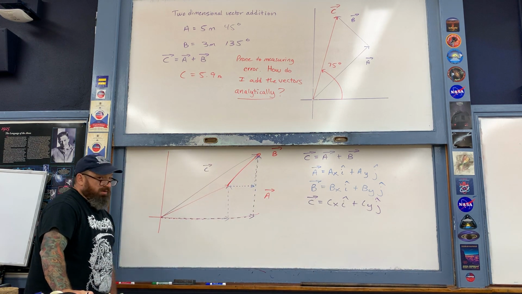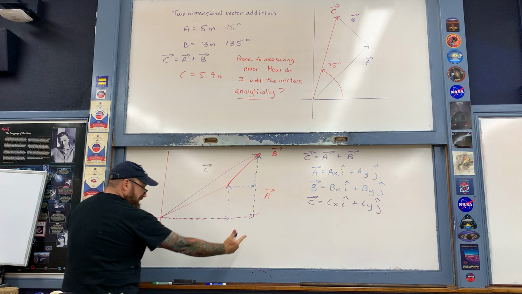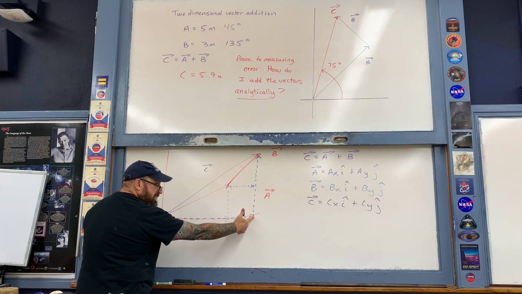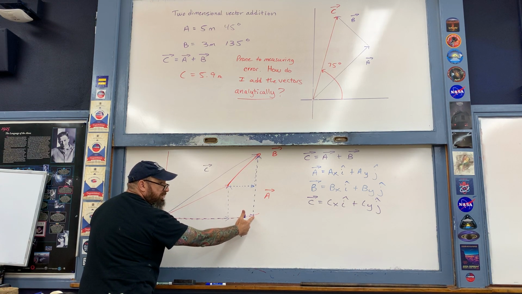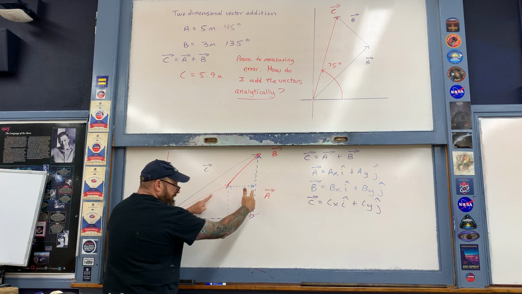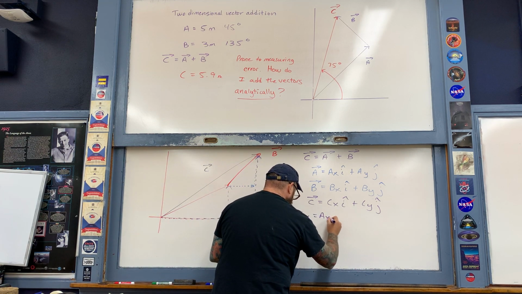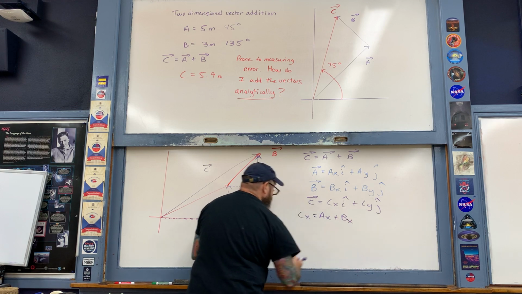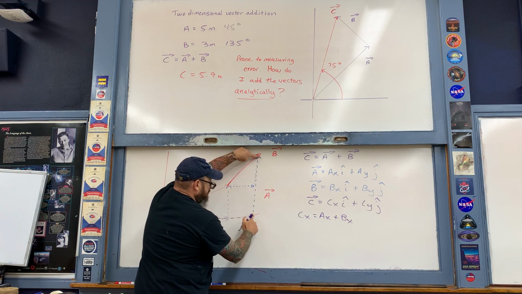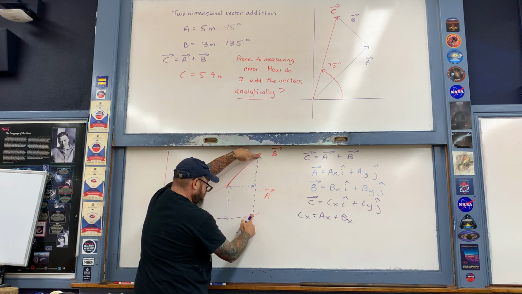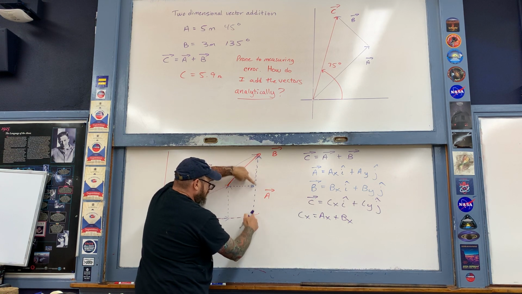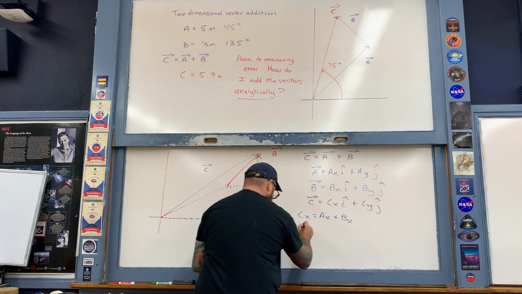But stare at the diagram for just a moment. Take a look at C sub x right here. What is C sub x also equal to? Well, notice that it's equal to A sub x plus B sub x. Similarly, take a look right here at C sub y. Notice that C sub y is equal to A sub y plus B sub y.